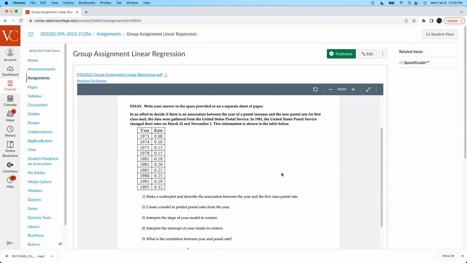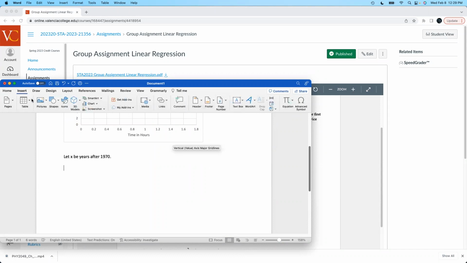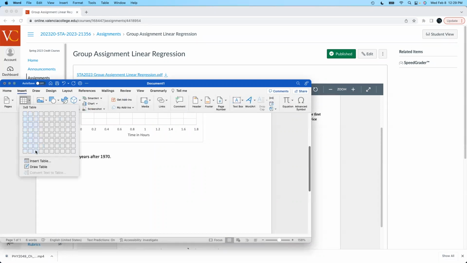First thing you're going to do is type out: let X be years after 1970. Then make a little table here. I can just do Insert table.